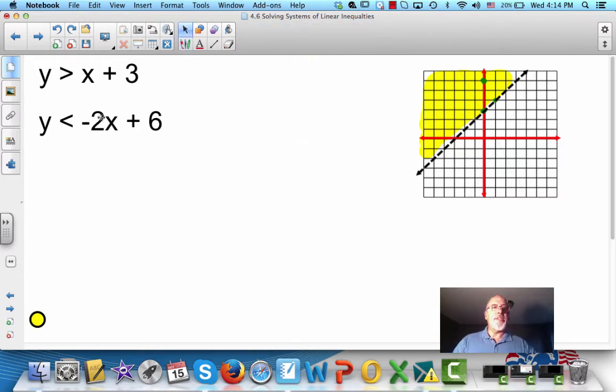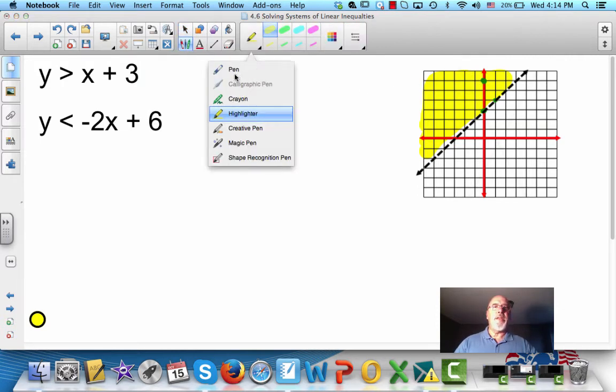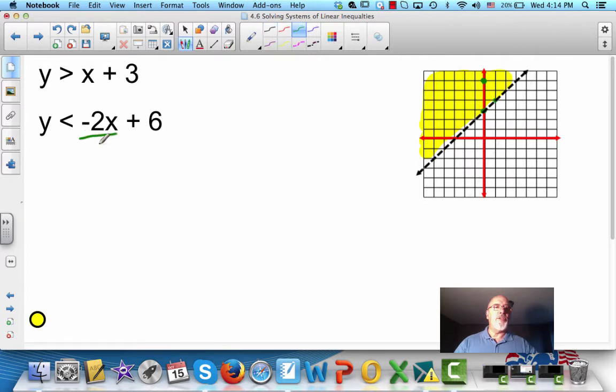Now we come back and we say our y-intercept is 6, which we've already put there. Our slope is going to be -2, so that's -2 over 1, which means that we go down 2 and right 1, down 2 and right 1, down 2 and right 1, and let's draw our line.